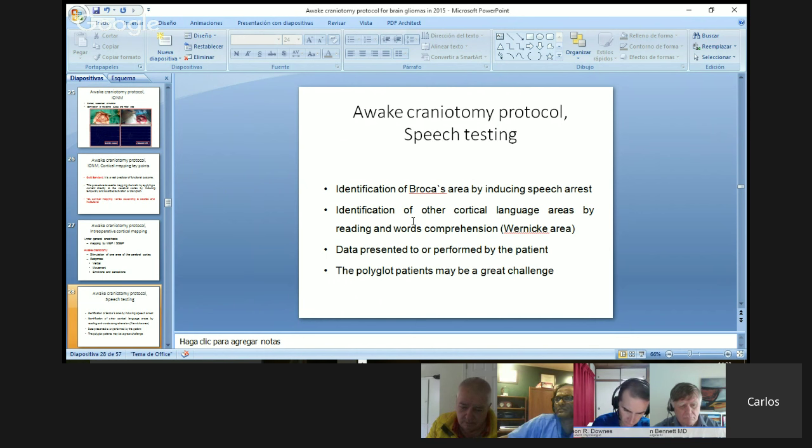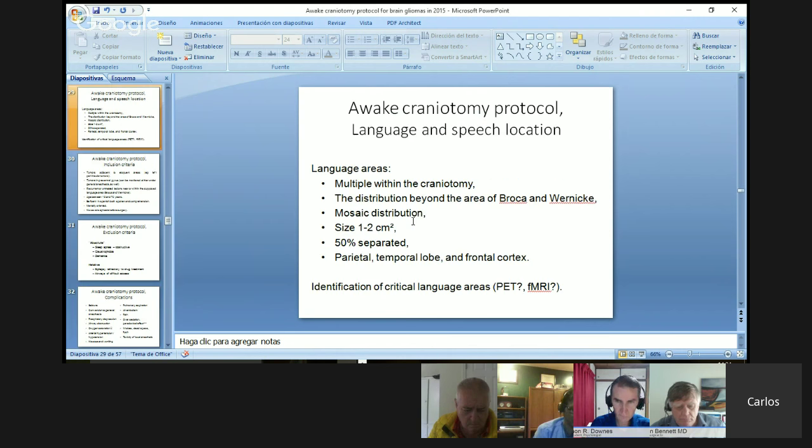This will be very difficult in the case of polyglot patients, who have many language centers for the understanding and comprehension of words. During language and speech localization we can see multiple language areas within the craniotomy.